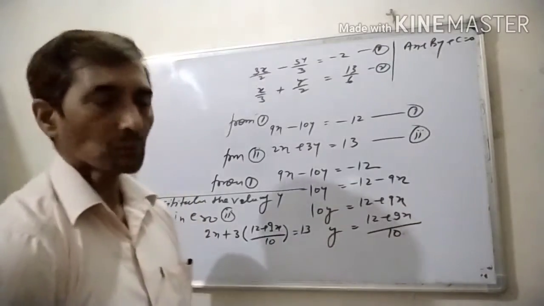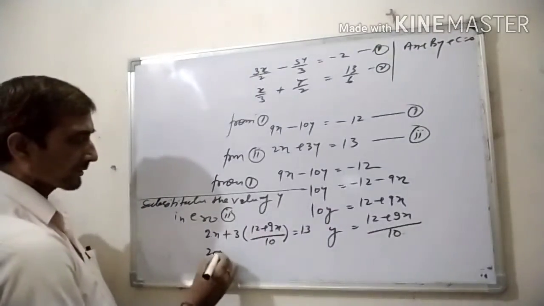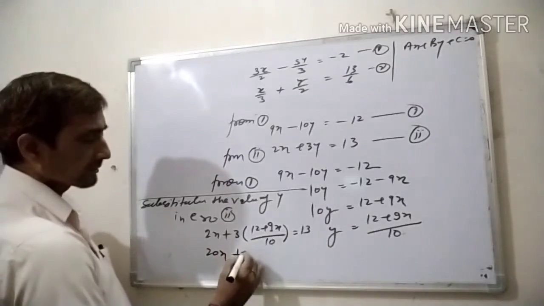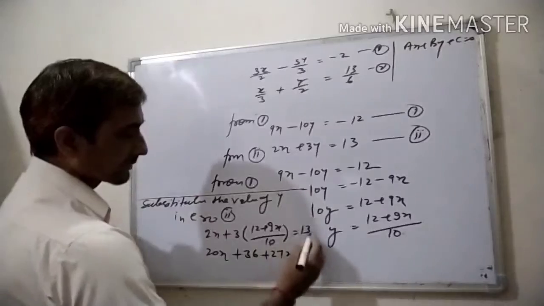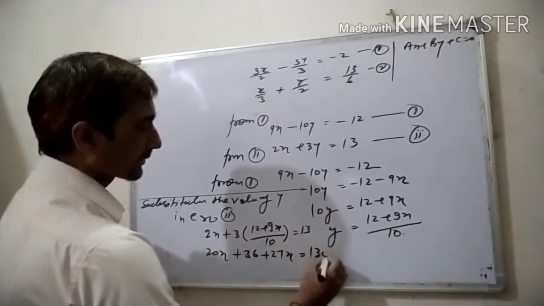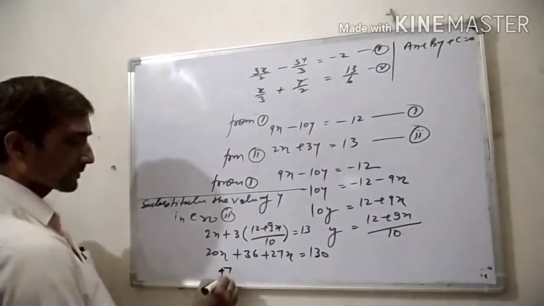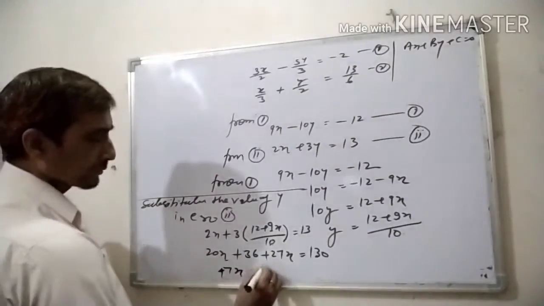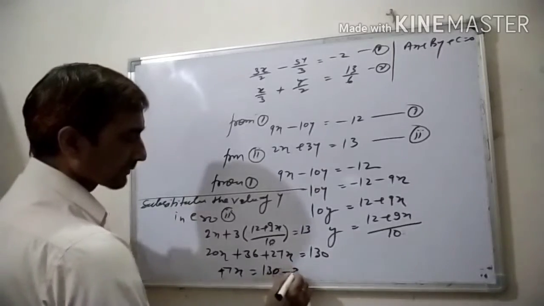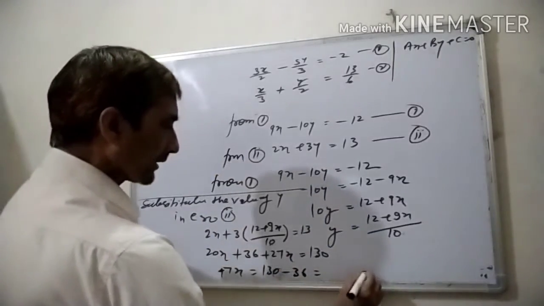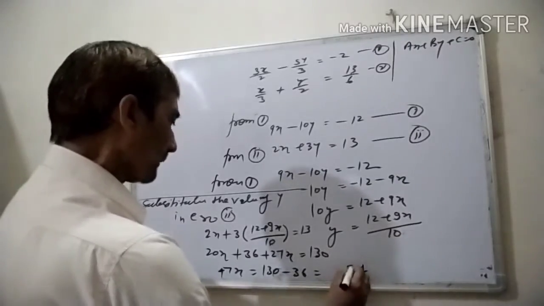Now we have to calculate it. Multiplying by 10, 20x plus 36 plus 27x equal to 130. After adding, 47x equal to 130 minus 36, that is 94.